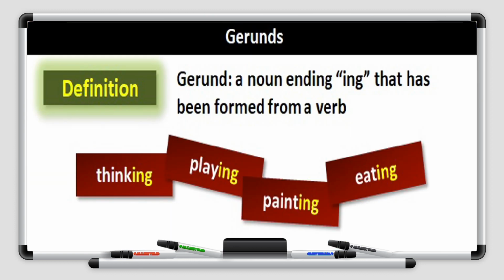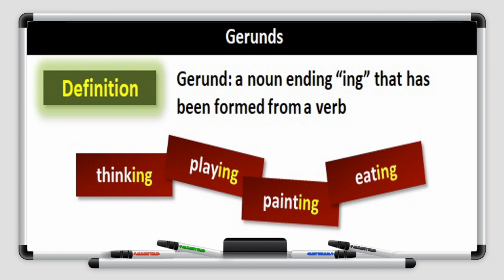What is gerunds? It's a noun ending in ing that has been formed from a verb. So we can change the verb into a noun by adding ing. Think, thinking. Play, playing. Paint, painting. Eat, eating.